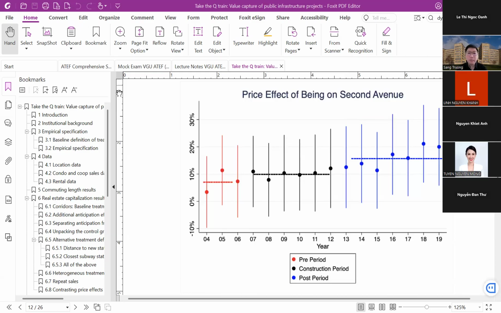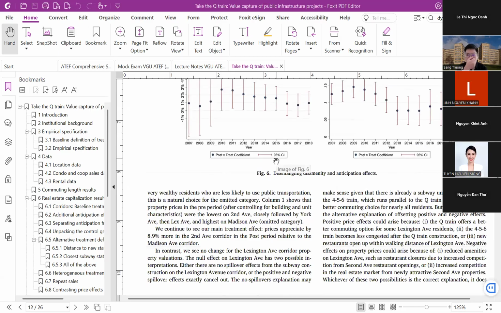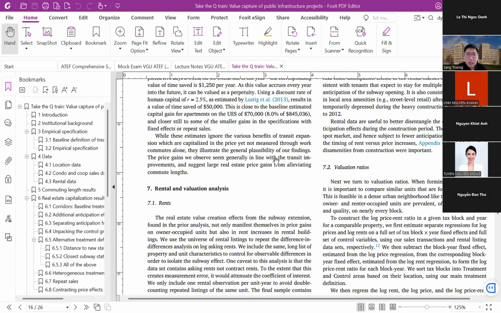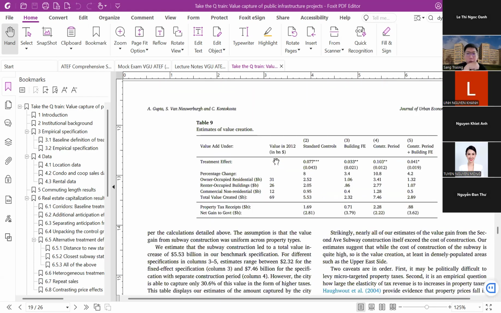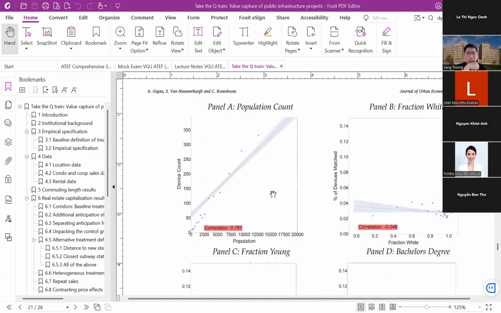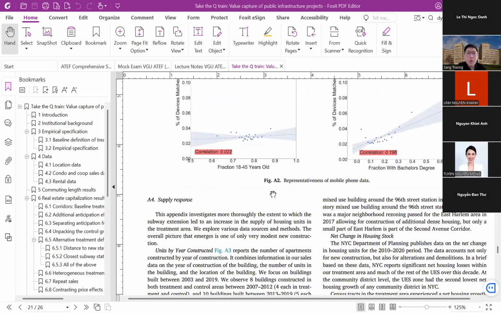Okay. And to write this one, do they include that in the regression? Let me see. One way to show it is to include the sum of all treat times post coefficients.